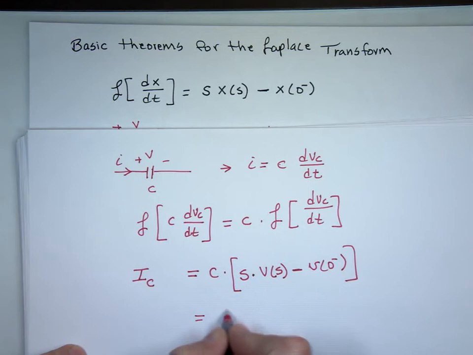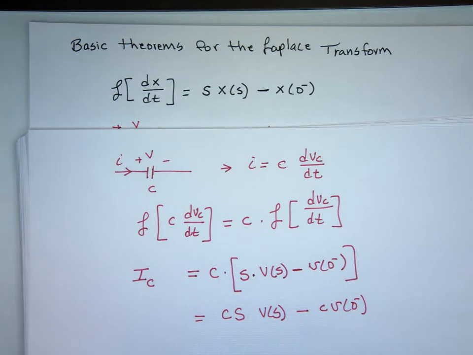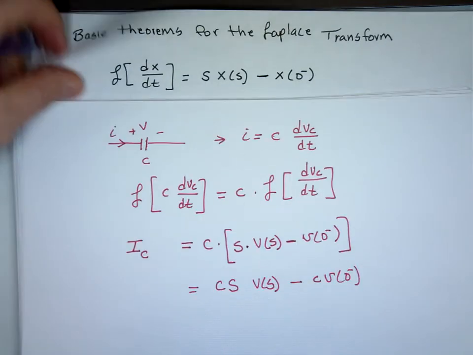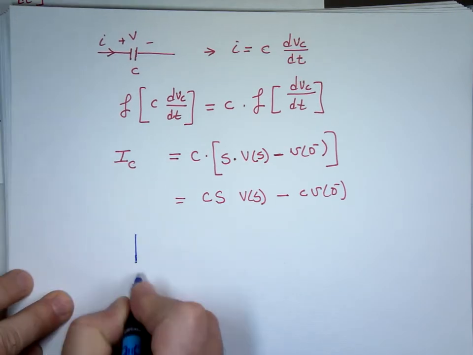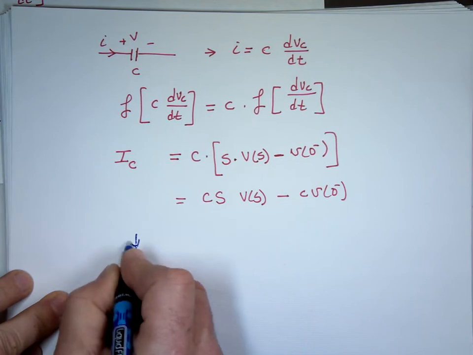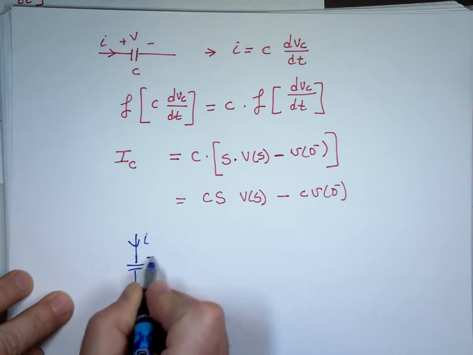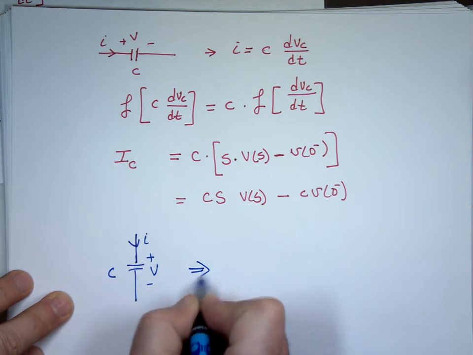So that'll be C times s times Vs minus C times V sub 0. What does that mean? If I have a capacitor, not an inductor now, this is the current I coming to it. This is the voltage. And this is C, that's in time domain.